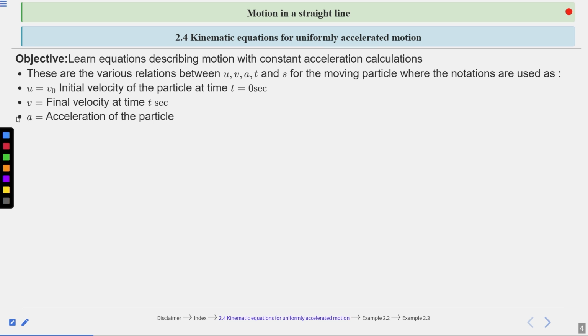Small a is the acceleration of the particle. Small s is the distance traveled in time t seconds. Small s_n is the distance traveled by the body in the nth second.